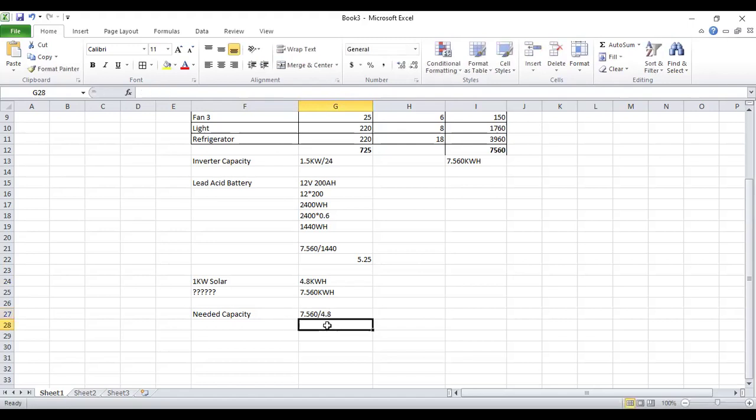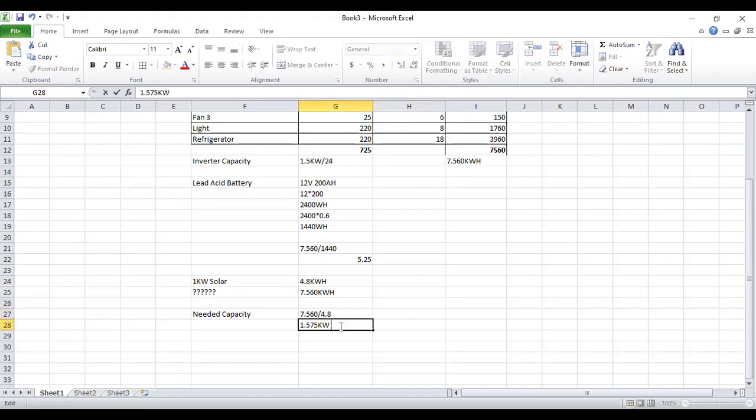Let's hit the calculator fast. 7.560 divided by 4.8, I got 1.575 kilowatts.